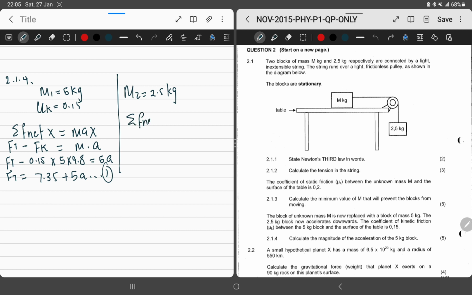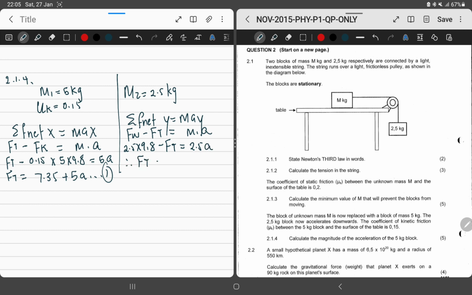Now the sum of the forces acting in the y component, because we do not have any movement in the horizontal component, only vertically. The block is sliding down, so the force of weight minus the force of tension equals mass times acceleration. The force of weight is mg, so it is 2.5 multiplied by 9.8 minus force of tension, equal to 2.5 multiplied by acceleration.